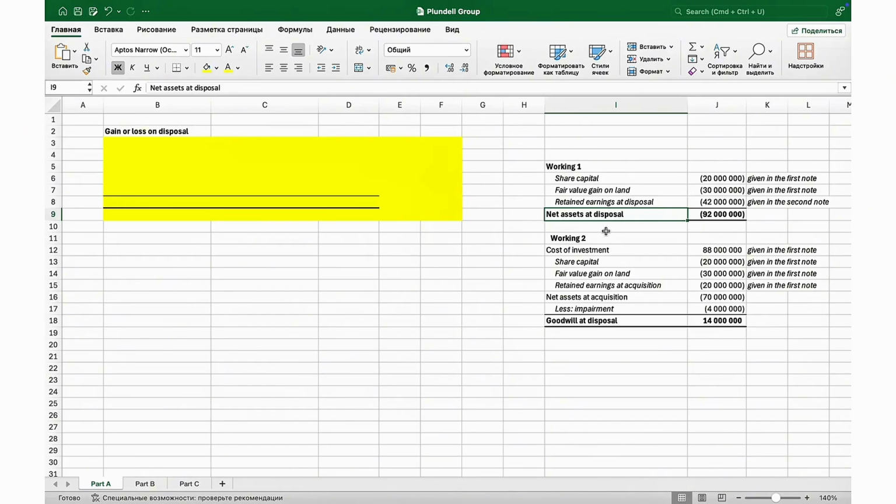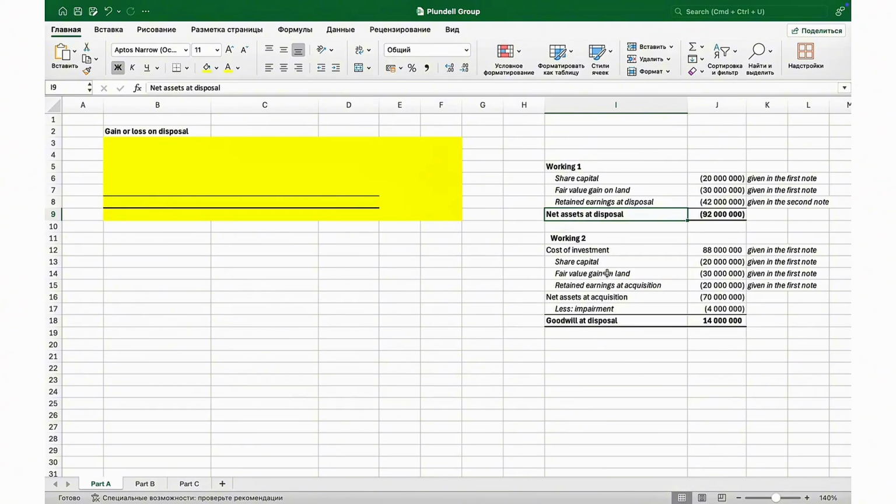Then we need to calculate goodwill at disposal. For that, we have cost of investment at acquisition date. Then we need to deduct from cost of investment the net assets at acquisition. To work out net assets at acquisition, we take into account share capital, fair value gain from land, because it was at acquisition date as well, and retained earnings at acquisition date.